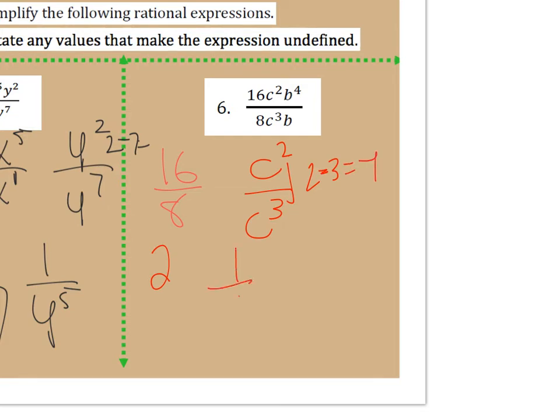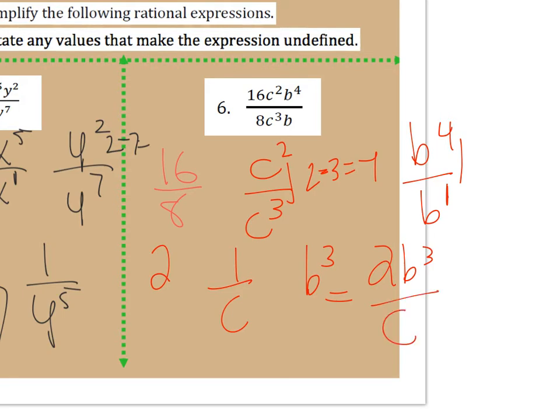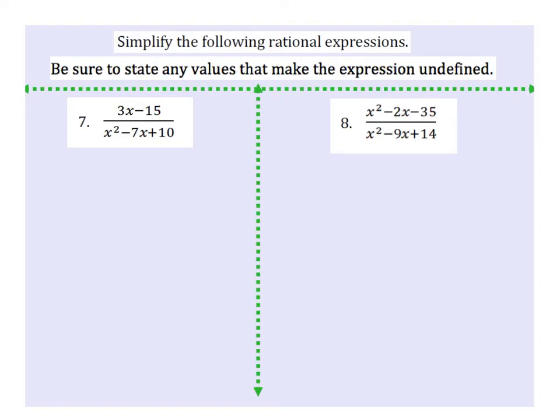So that means it's going to be in the denominator, so 1 over c. Lastly, b to the 4th over b, that's like b to the 1st, so 4 minus 1 would be b to the 3rd. So this is going to be 2b to the 3rd over c. There's your answer.